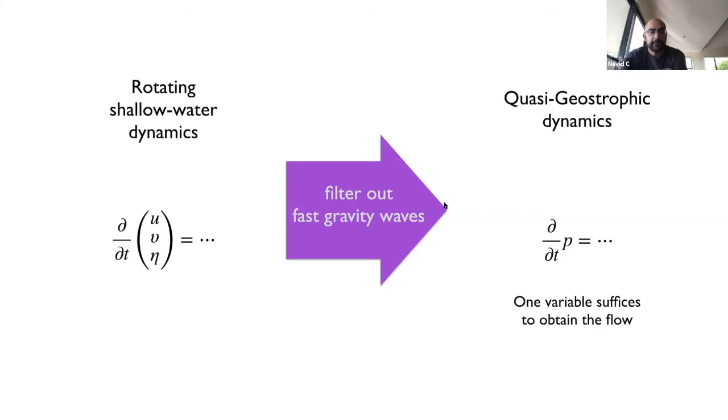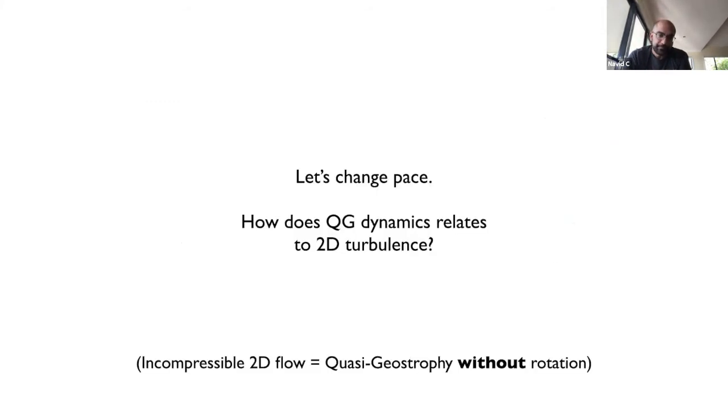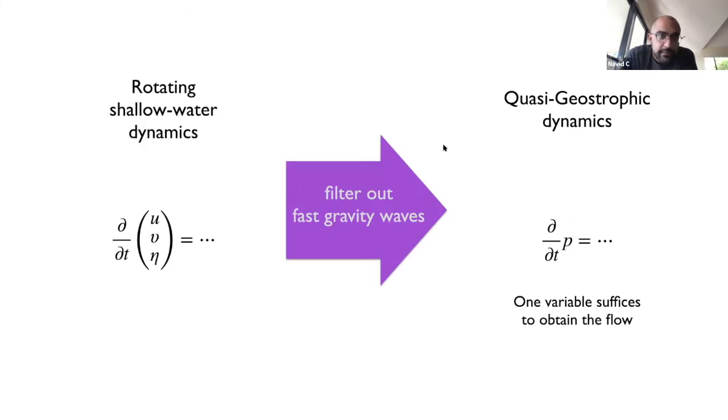It doesn't matter. So there is a reduction, and this system is much simpler, and it only describes these slow motions. So you can have a much bigger time step. You can understand it much better. So perhaps I'll stop here and see if there are any questions.